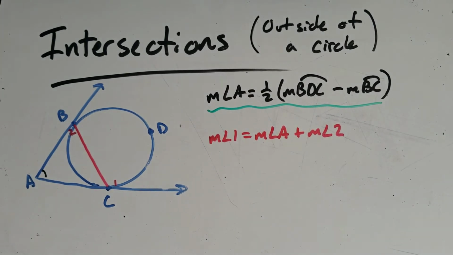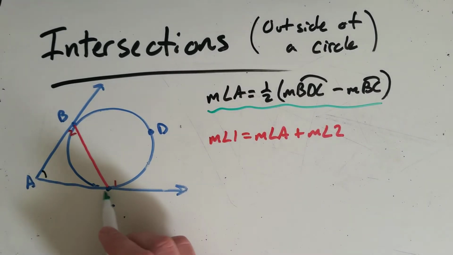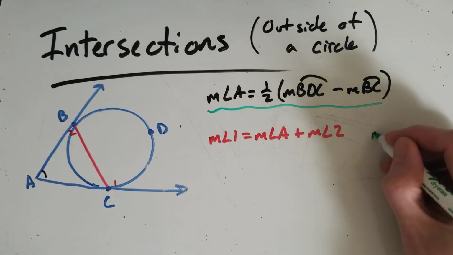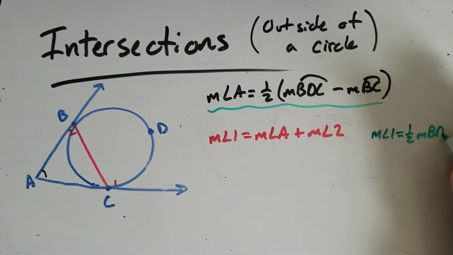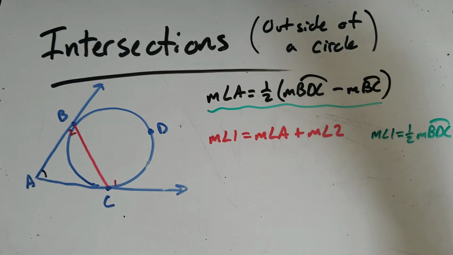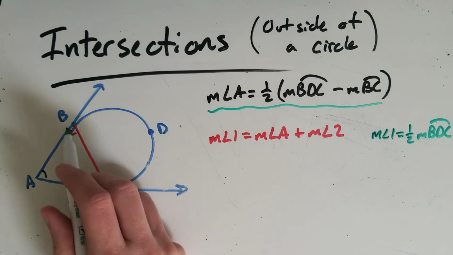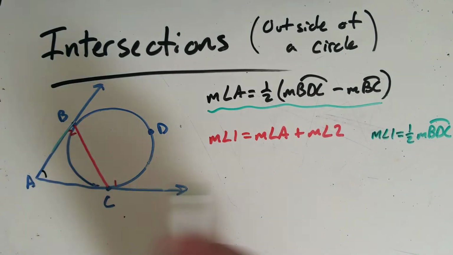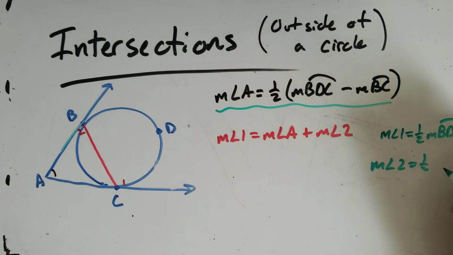And the measure of angle 1, from the theorem we talked about yesterday, we have a secant and a tangent intersecting on the circle, so that means the measure of angle 1 would be 1/2 the measure of the arc BDC. And then if we look at angle 2, that also is a secant and a tangent intersecting on the circle, so the measure of angle 2 would be 1/2 our measure of arc BC.